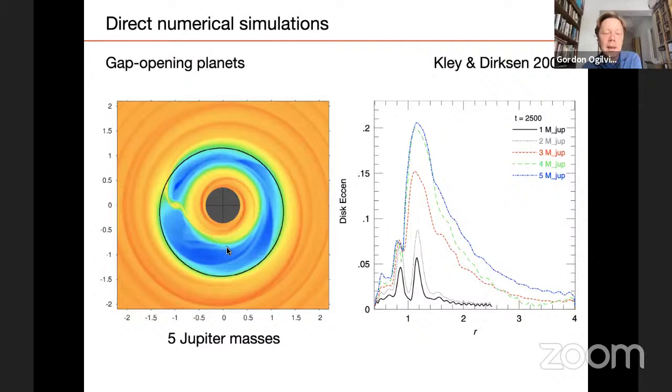But at least for these parameters, the disk is found to become eccentric through a mean motion resonant interaction, essentially leading to eccentricity, particularly in the disk exterior to the planet's orbit. So that can affect things like the accretion of mass onto the planet, so affecting its growth. It can affect the migration of the planet, and so on.